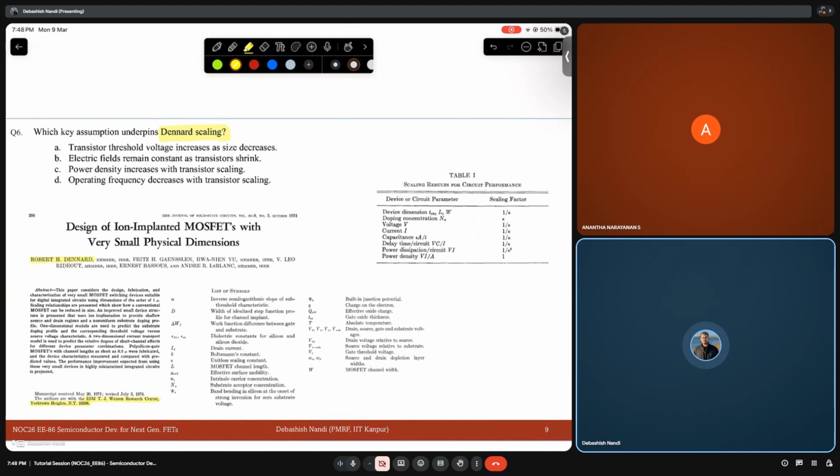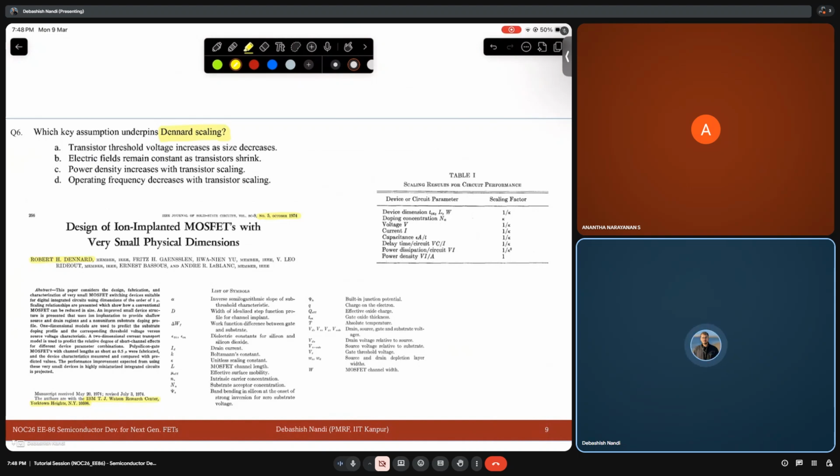This paper is from October 1974. This guy, Robert Dennard, put up a law by which MOSFETs should be scaled.